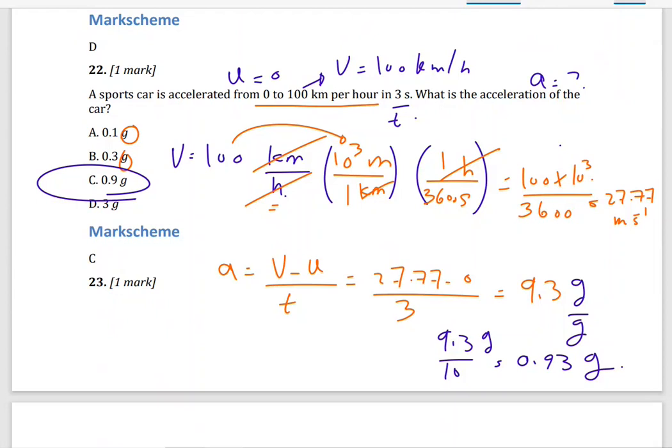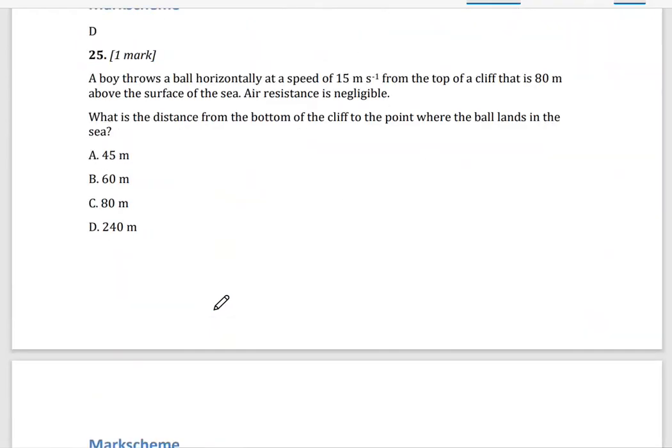Okay. Now we'll go to question number 25. You have a boy. A boy throws a ball horizontally at speed 15 meters per second from the top of the cliff.